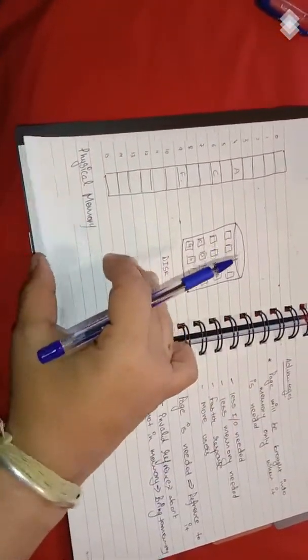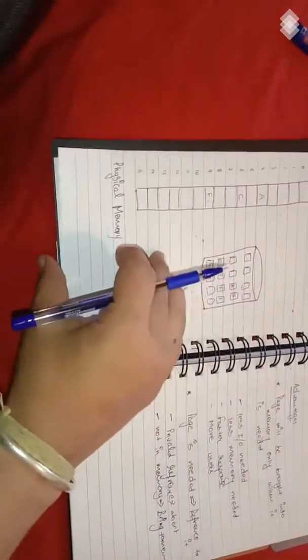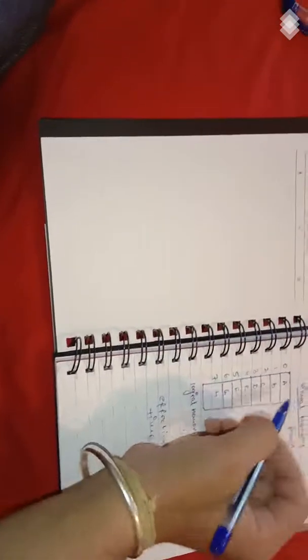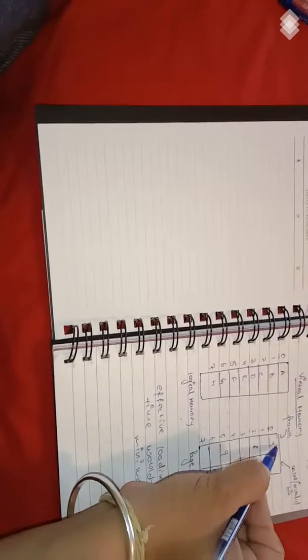In physical memory, if the full program exists, there is no issue. Now for page 0, I am assigning frame number 4.